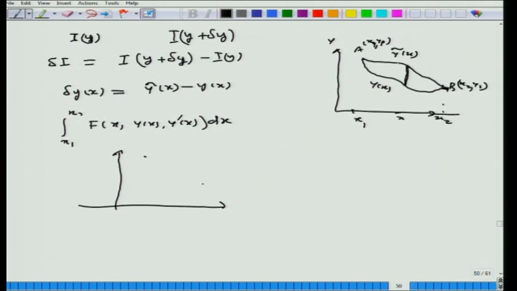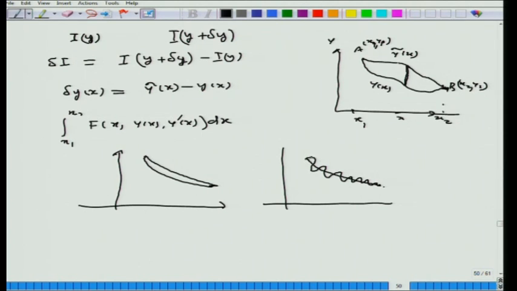For example, take this situation, where this is point A and B. Now, these two curves: one curve is like this and the other curve is going like this.